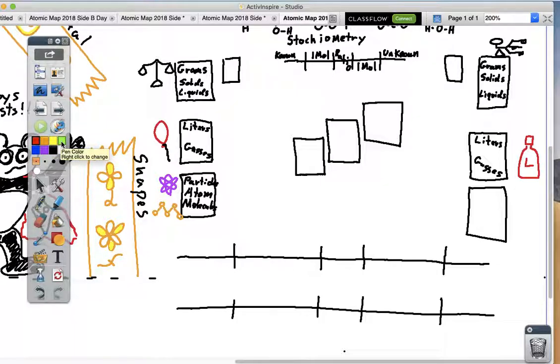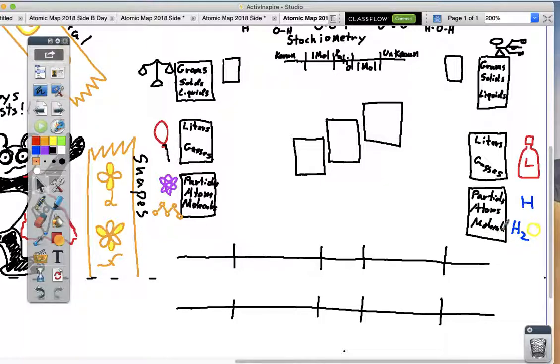And then we also will sometimes be looking for hydrogen, which is an atom. Or we might be looking for H2O, which is a molecule, right? And both of these are considered particles. We have atoms or molecules.